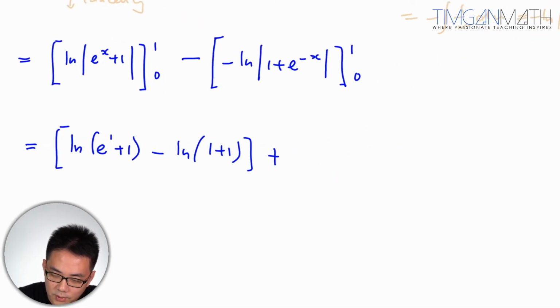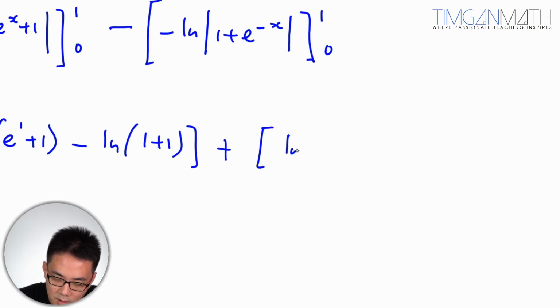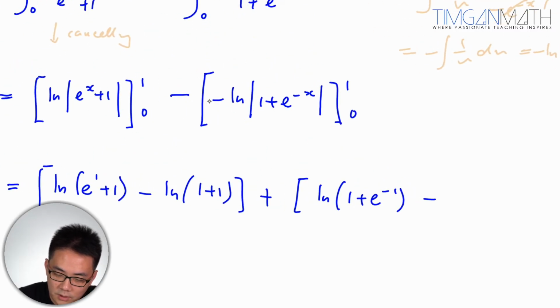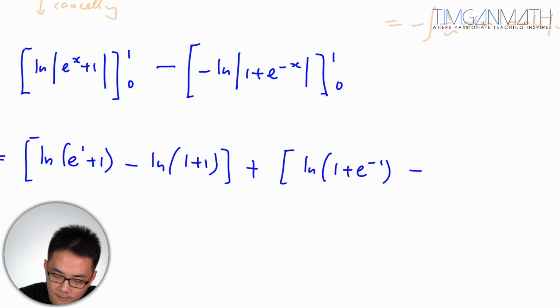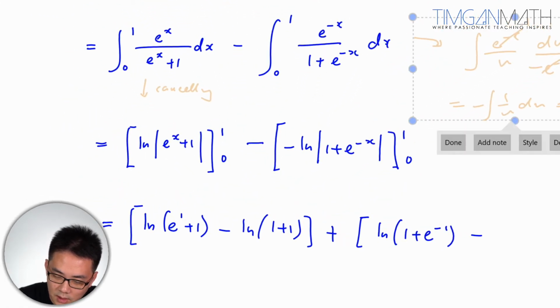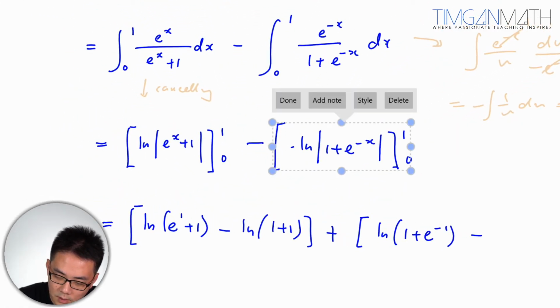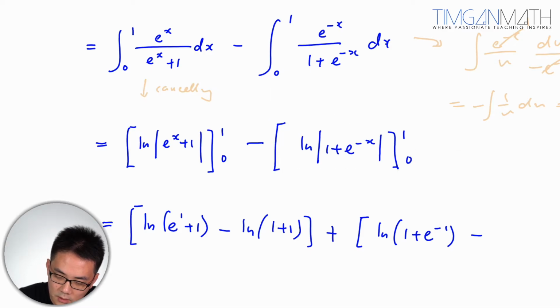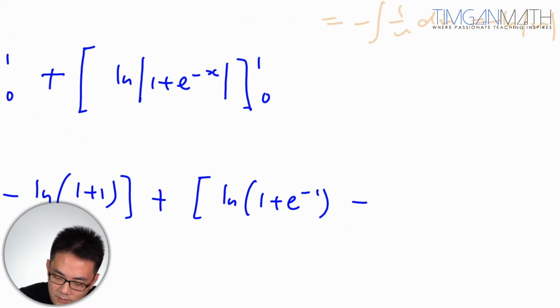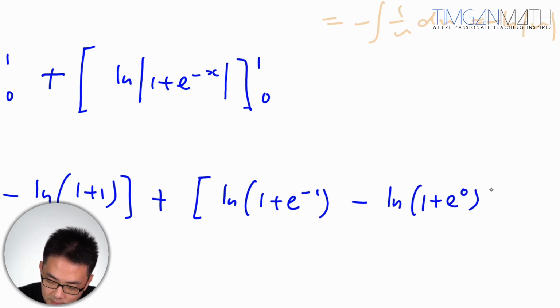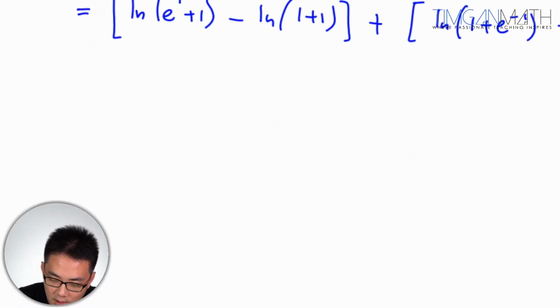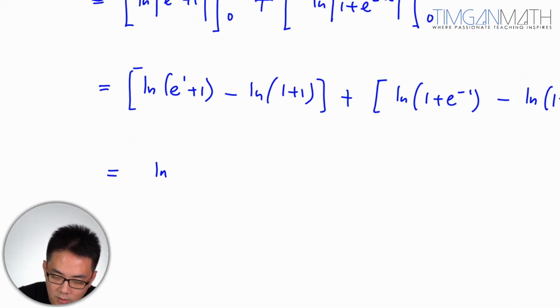And then after which we're going to get ln(1 plus e^(-1)). I'm just going to absorb this negative in, so this would be plus. So this will be ln(1 plus e^0). Ta-da! Okay, great.